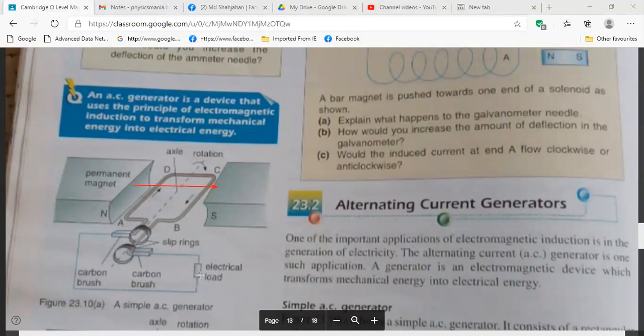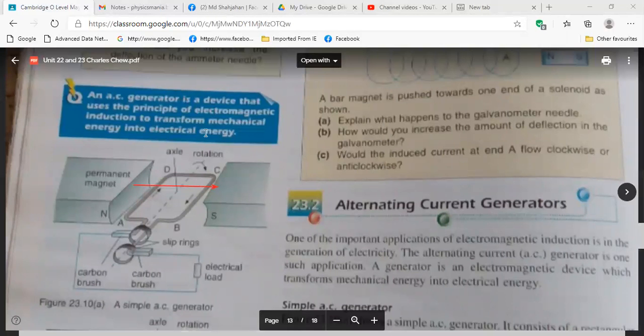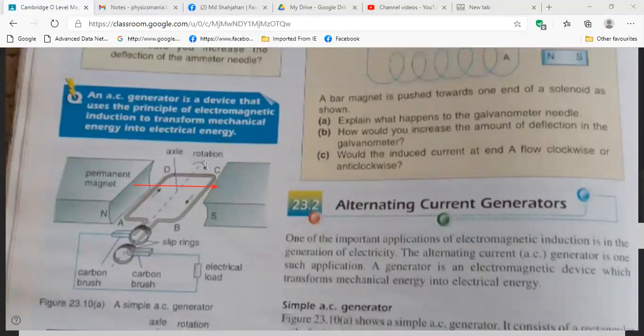Yes. Okay. So the rotation of the coil is showing that there is a turning effect of the coil, right? Due to this turning effect, you see it's a clockwise rotation, right?